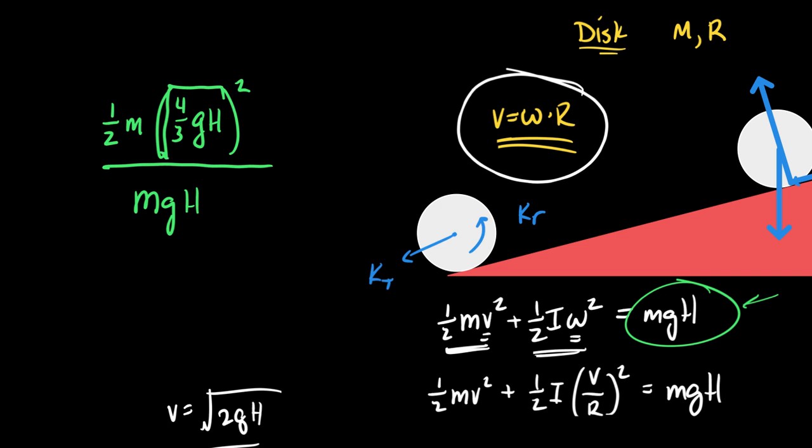So I put in the value I had for the velocity, because I want something that's in terms of gh, so I get a true fraction. So I square my square root, and I know I don't need to keep going. I know you guys can do this part, but we might as well finish. I see the 2 and the 4. I'll just cancel that out and get 2/3. So this all becomes 2/3 mgh.